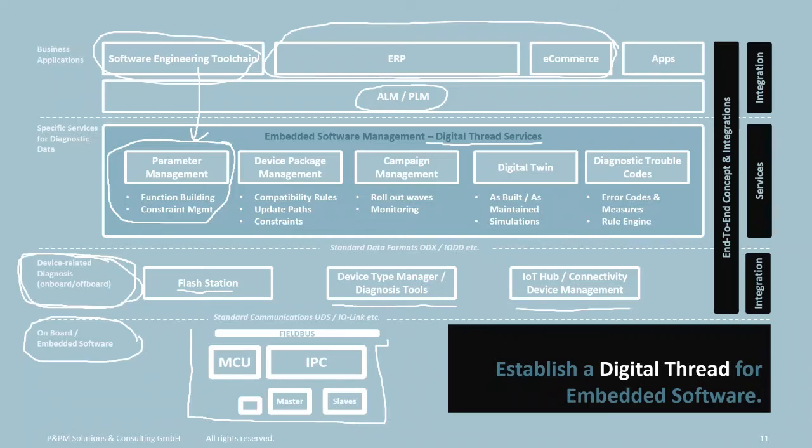And this is just one example of a digital thread service that we offer from P&PM, that provides the ability of mass parameterization at production events, but also the ability of selling software features to the field, to the existing products out there in operation at your customers.